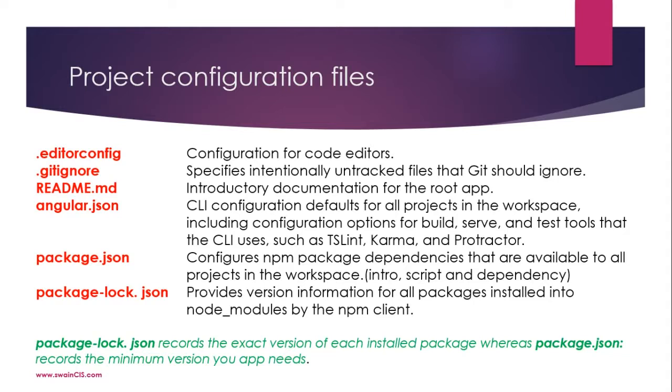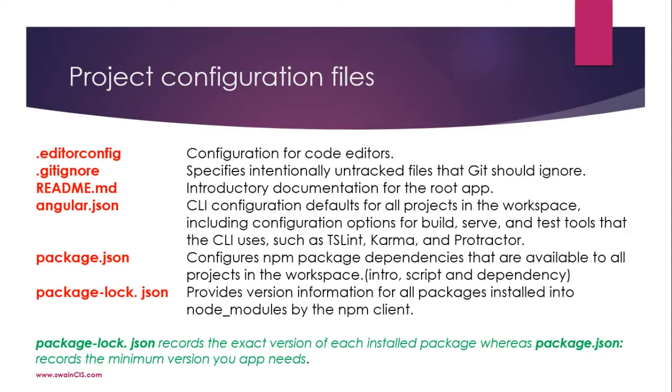Next, package.json. This is another important Angular file that contains all the module packages installed in the application to run it. That means without this your application can't be run. Whenever you include any library in your application, the information about that package and its version will be available in this package.json file. It has three main parts.